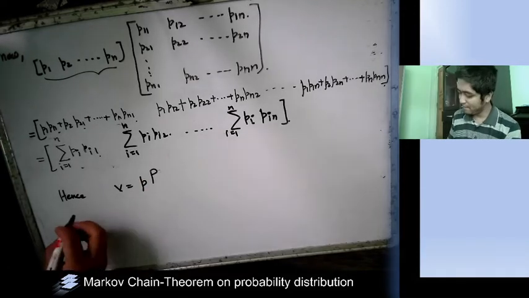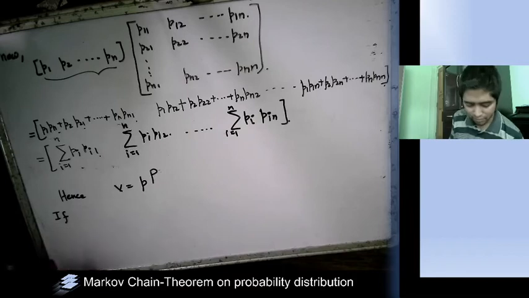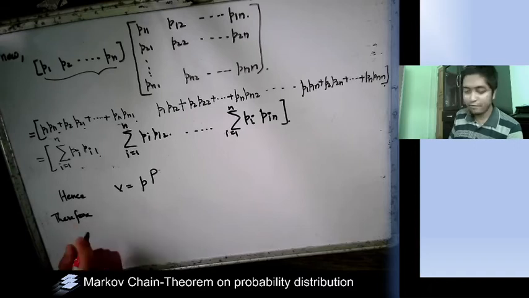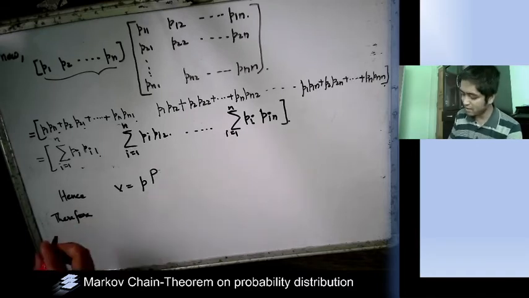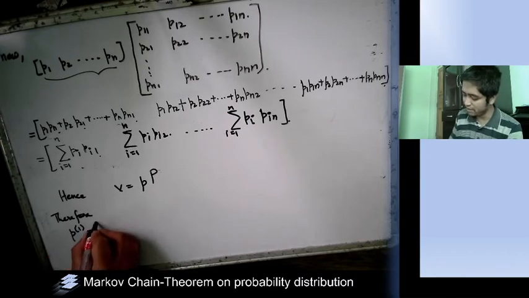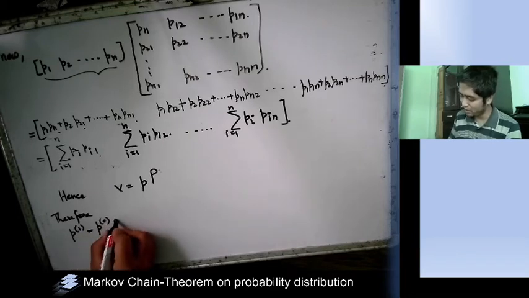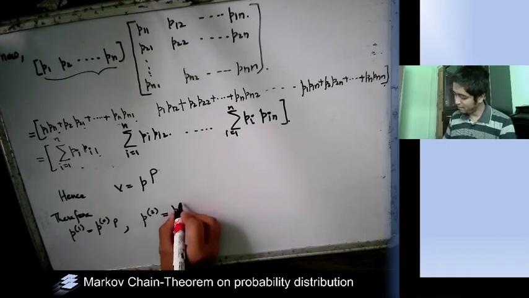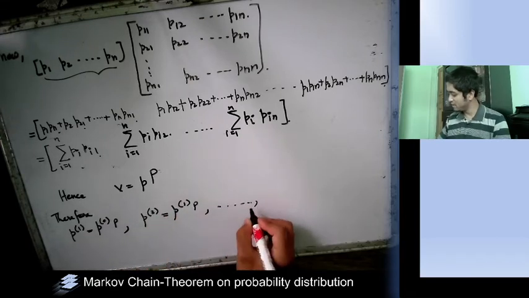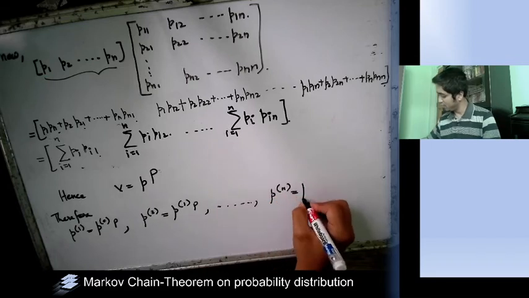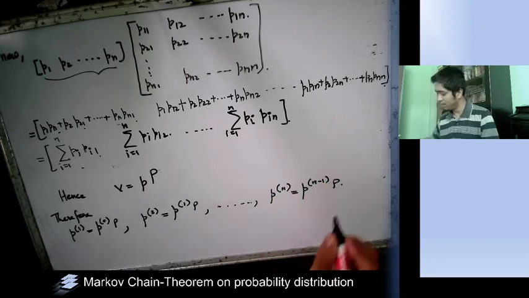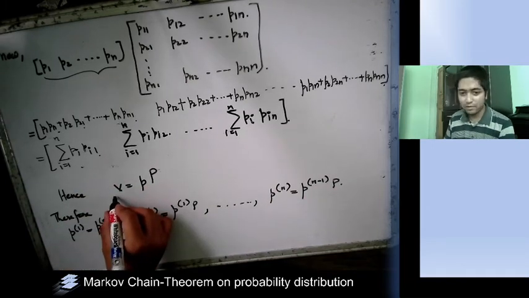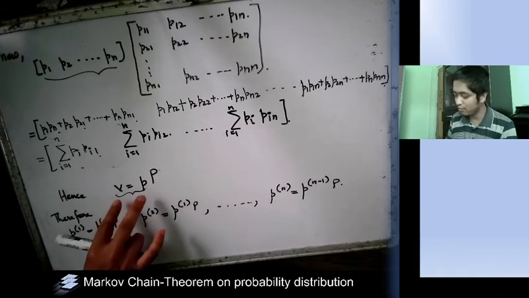So just like I said, if P0 is the initial probability distribution, then the probability distribution one step later will be P0 P. And again, we can have Pn equal Pn minus 1 P. You can use this formula because the stage difference here is only one step.